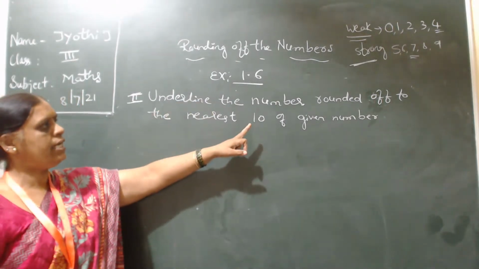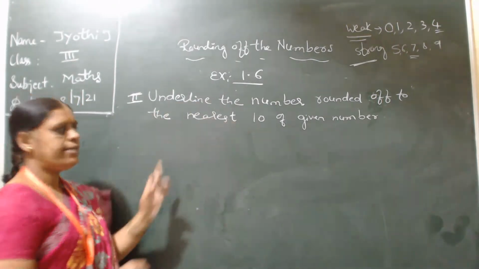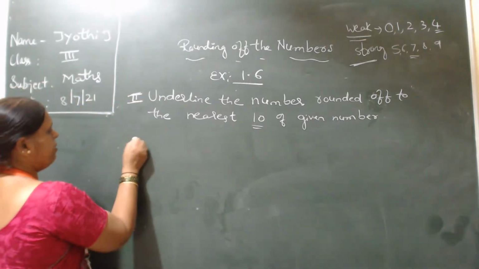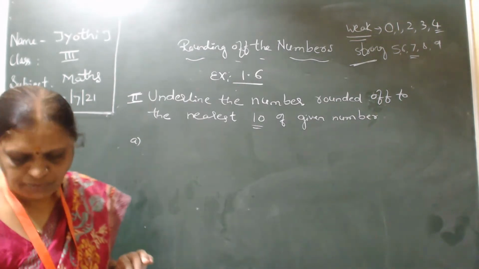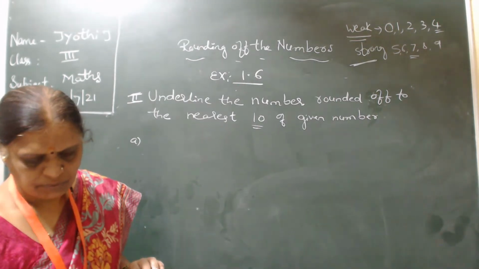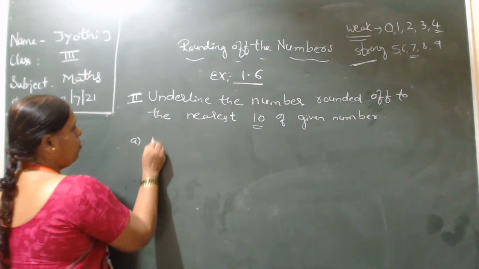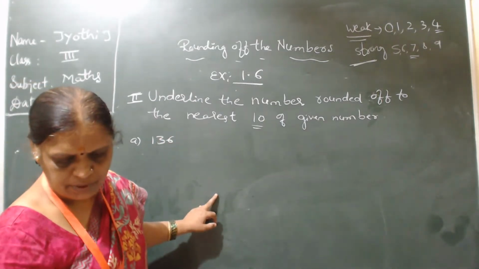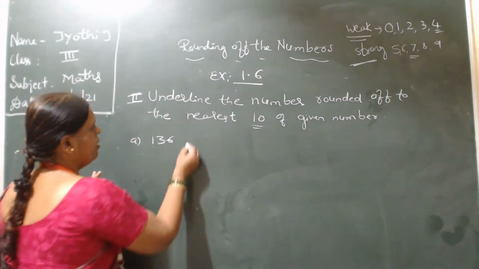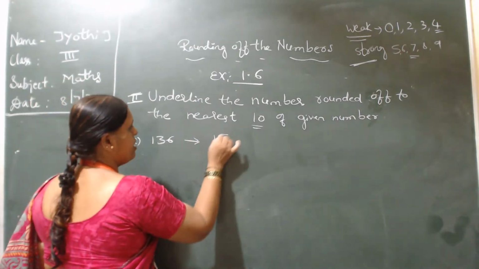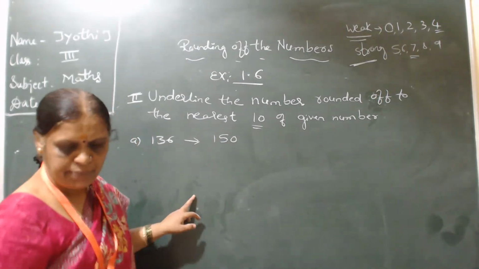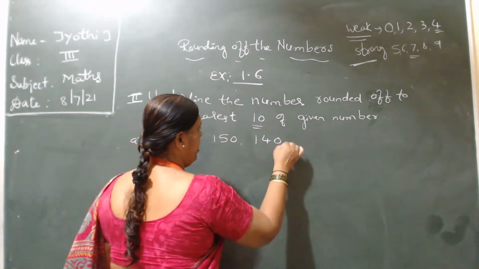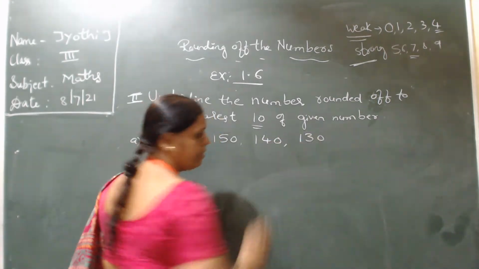Underline the number rounded off to the nearest tens. Again, nearest tens you have to underline. First one, 136. These options are 150, 140 and 130.